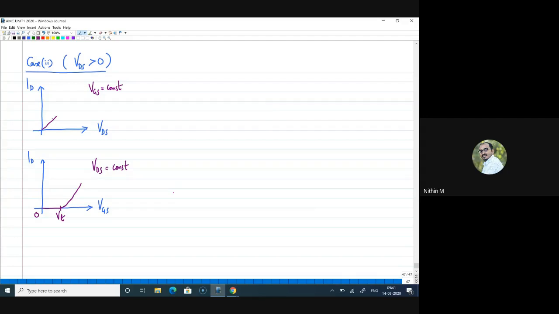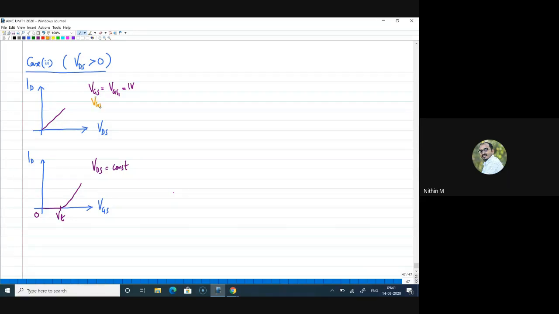Now let me ask one question. This happened for some VGS equal to VGS1, say 1 volt. Now if I am drawing the same graph for another VGS2, say 2 volt, assume that both are greater than VT. Now maybe I'll use a different color.